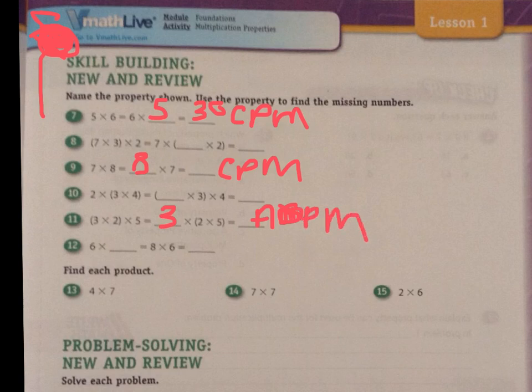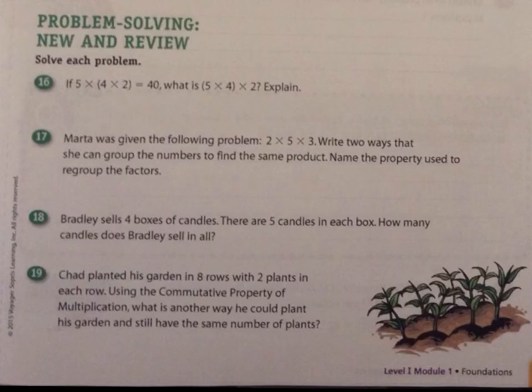Number 13 is just asking you to find each product, so just multiply. 4 times 7 is 28, and 2 times 6 is 12. Number 17 says Martha was given the following problem, 2 times 5 times 3. Write 2 ways that she can group the numbers to find the same product, and then name the property used to regroup the factors. Well, you can put the parentheses around the 2 times 5.